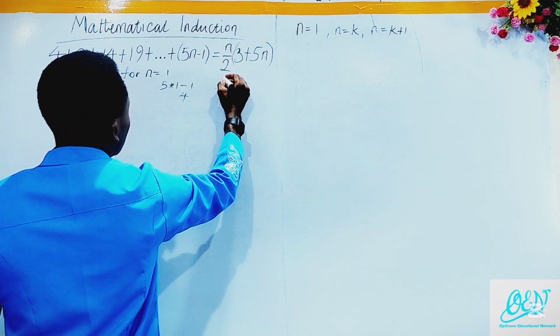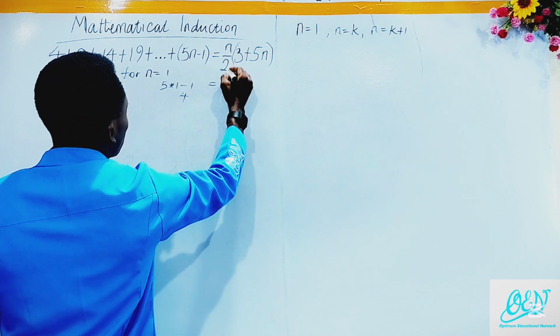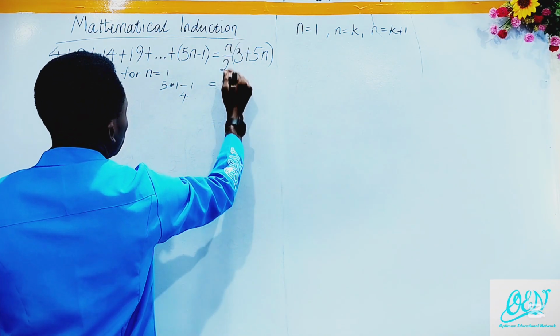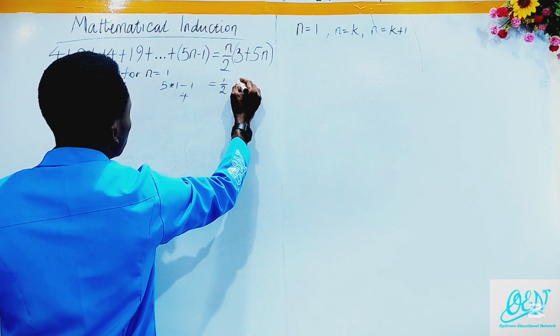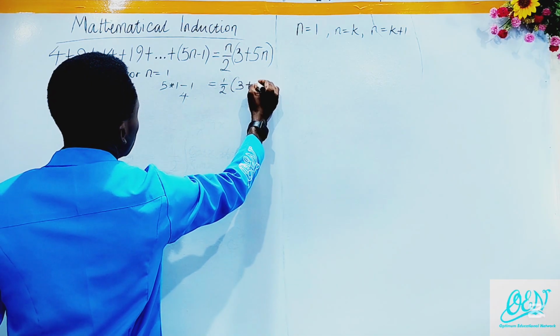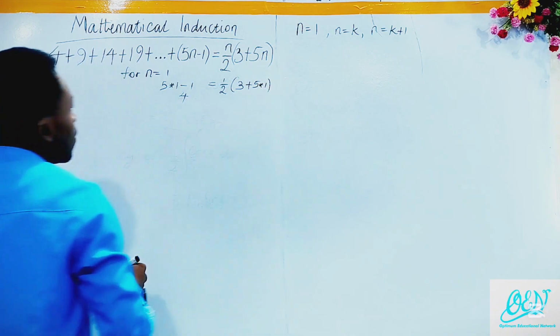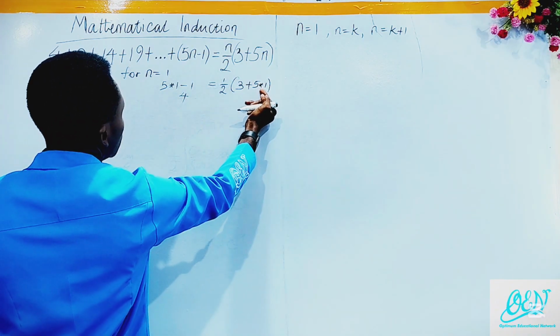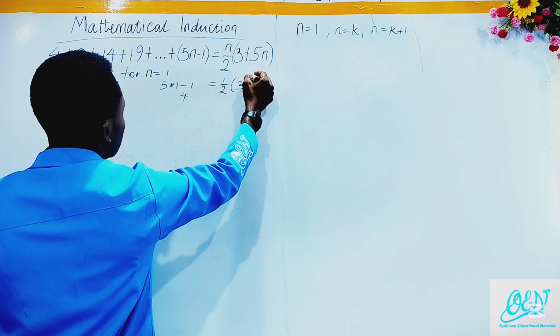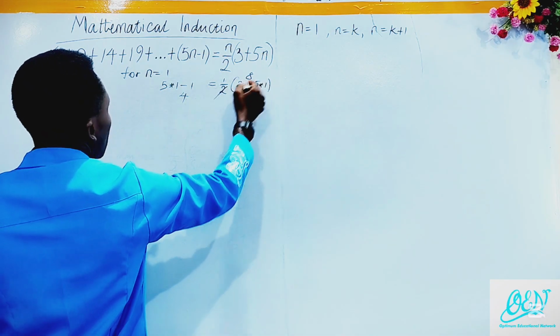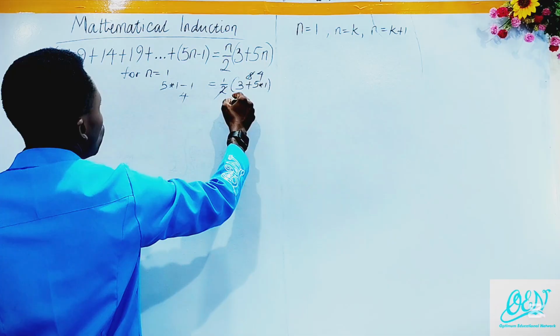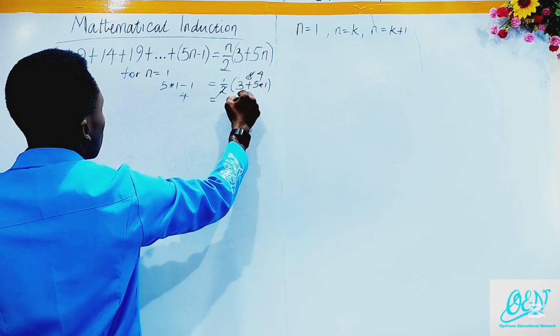So let's try here. When n is equal to 1, here should now be 1 over 2 into 3 plus 5 times 1. Now, 5 times 1 is 5, plus 3 is 8. So half of 8 is 4. So we'll have 4 here.